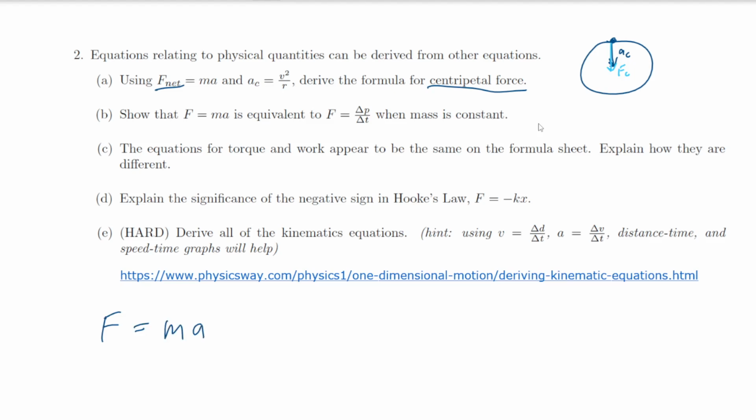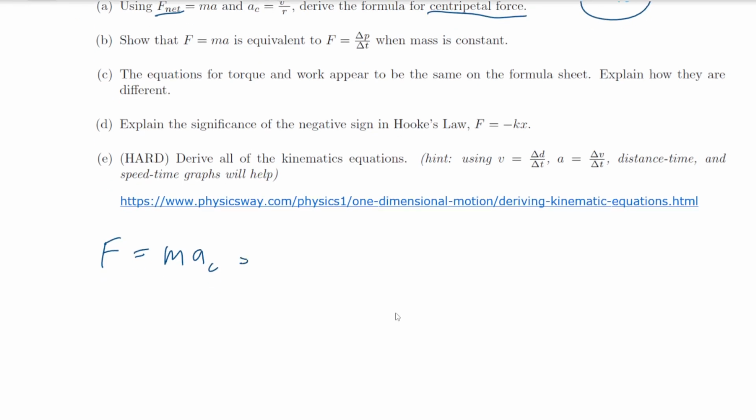So substituting in centripetal acceleration for acceleration in Newton's second law, it would become mass times v squared over r.